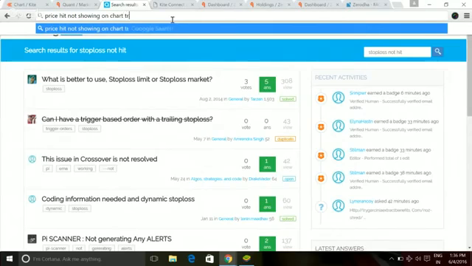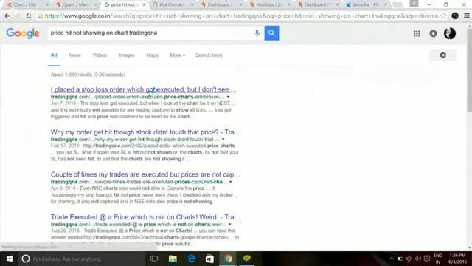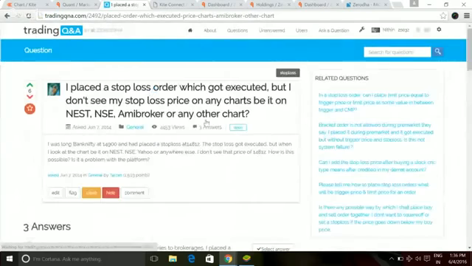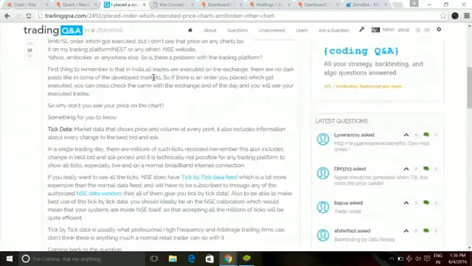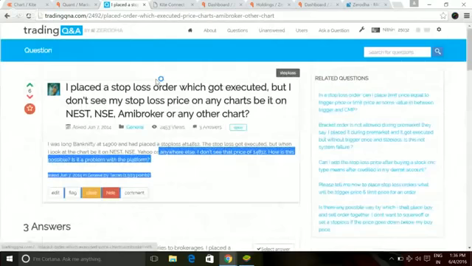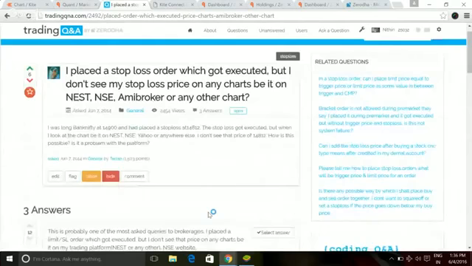I've actually answered this here. There's this whole explanation on tick data and why it's not possible to show tick data on the chart.